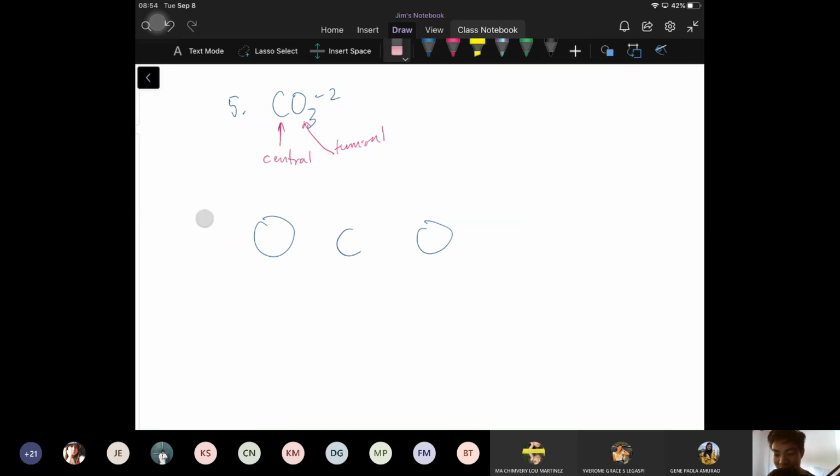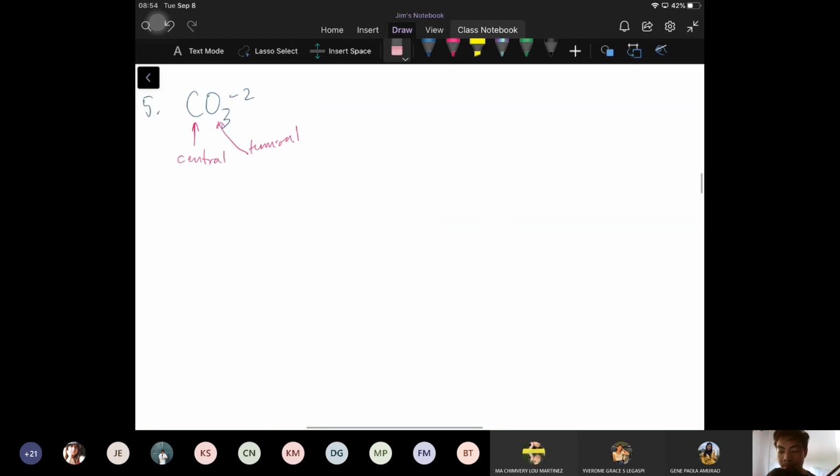Okay. So, always nakapalibot. So, since we're done drawing the skeleton, we can start using the NASO rule na.